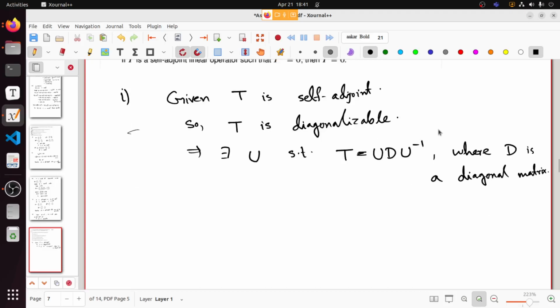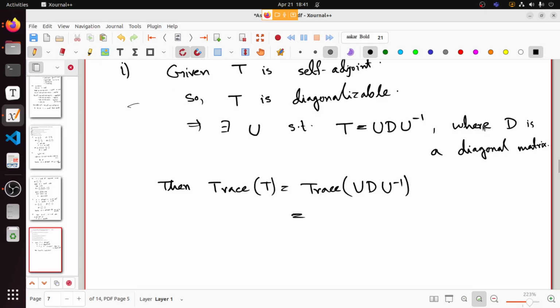Right. So then what will be the trace of T? Trace of T will be the trace of U D U inverse, right? And you can check that the trace of U D U inverse is the same as the trace of D. This you can check.